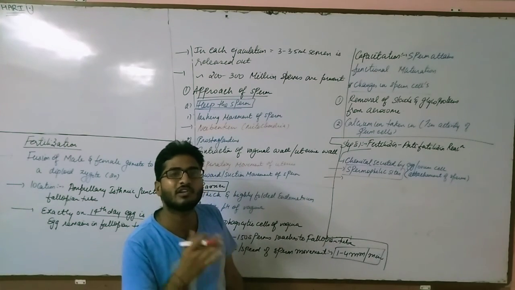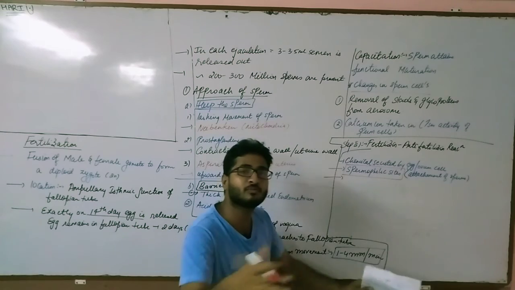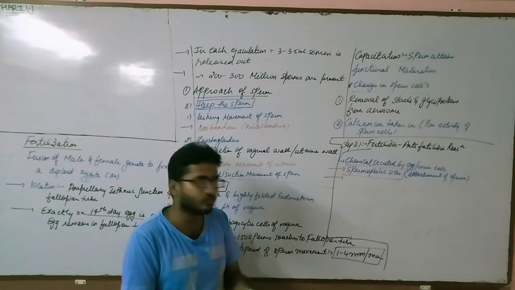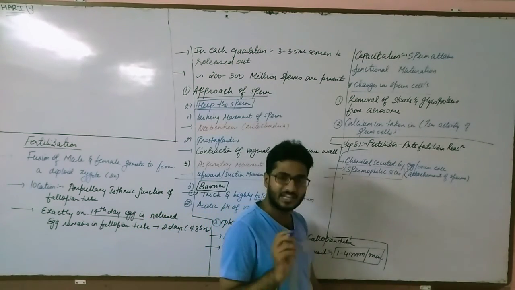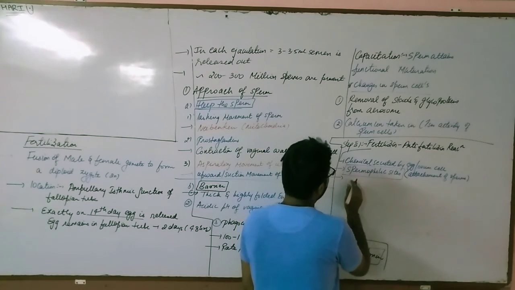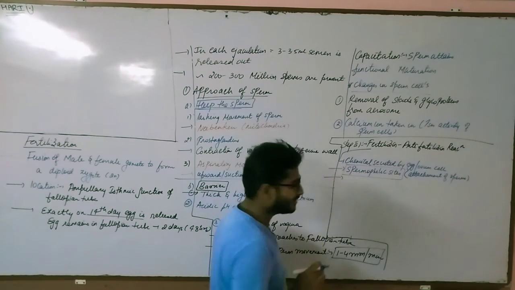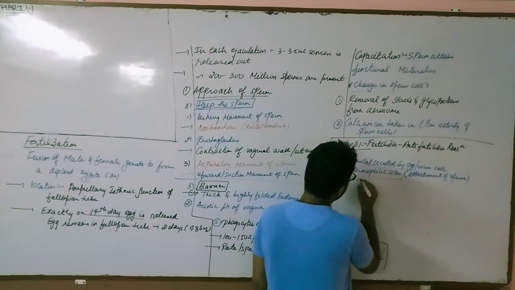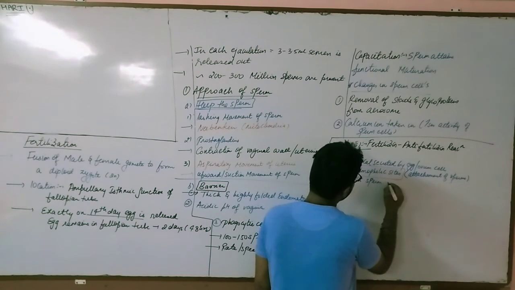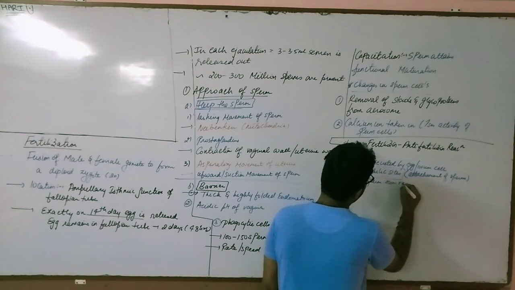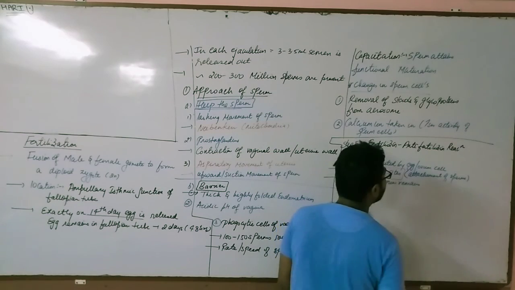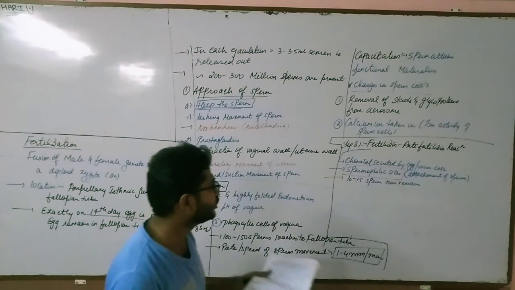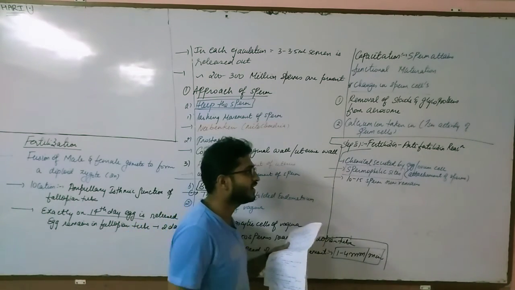There should not be any polyspermic condition, where many sperms come and attach on the ovum. So out of 100 to 150 sperm cells, only 10 to 15 sperm now remain in the fallopian tube. So this is about the fertilizin.